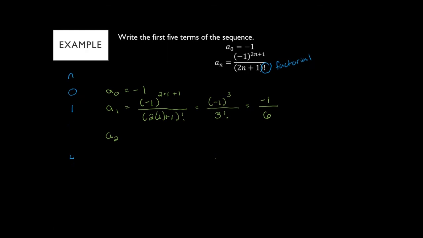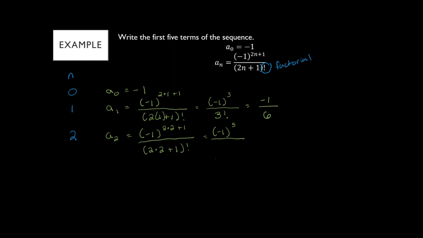A2, I'm actually going to have to move these down. I'm still running out of room here. So again, you plug it into the formula, make sure that you're plugging in the numbers in the right spot. So that would be -1, 4 plus 1 is 5.